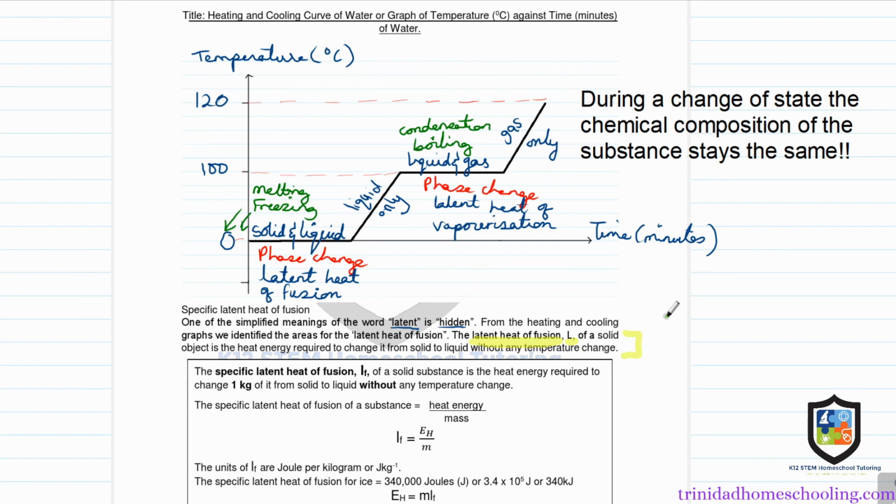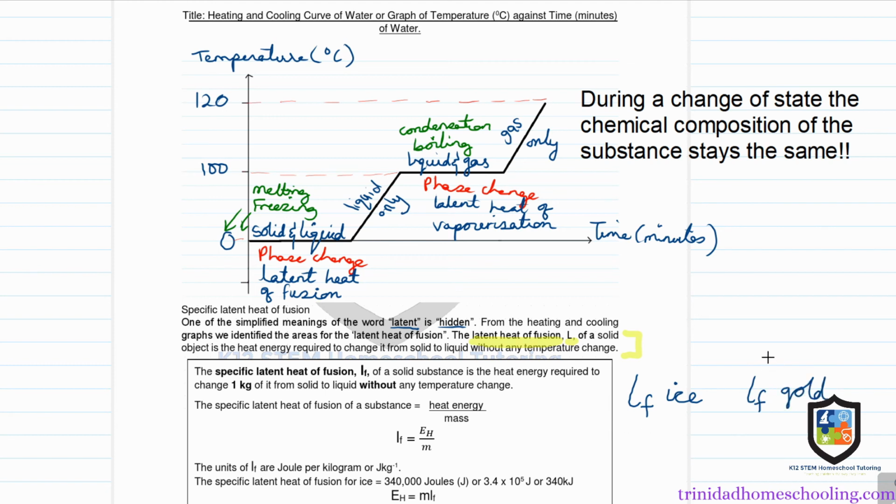Now, each substance has a different value for the energy required to change it from a solid to a liquid. That heat energy is called their specific latent heat of fusion, and we use the letter L with a subscript of F. So the specific latent heat of fusion for ice, which is solid water, would be different to the specific latent heat of fusion for gold.